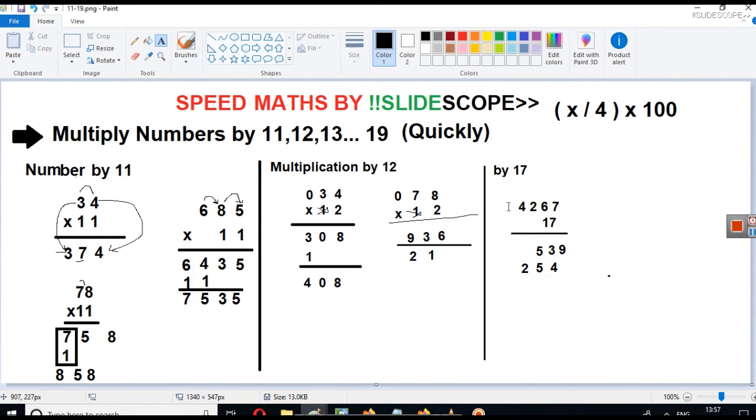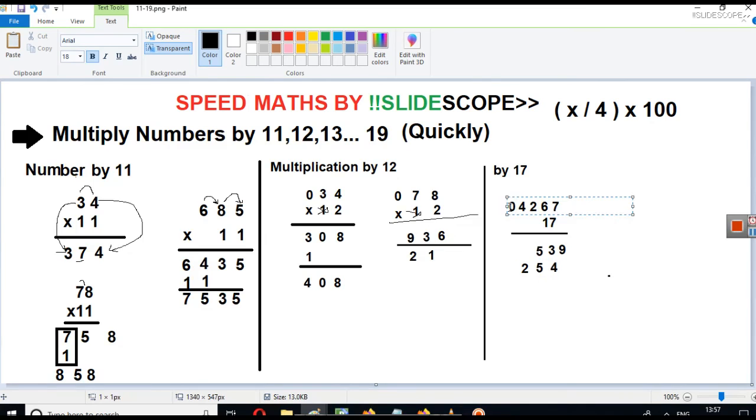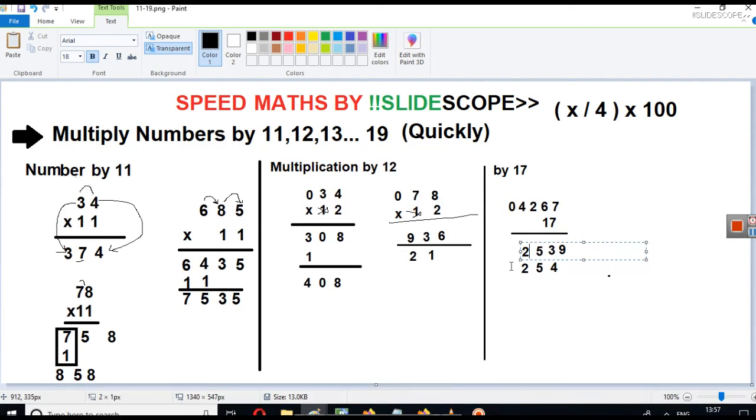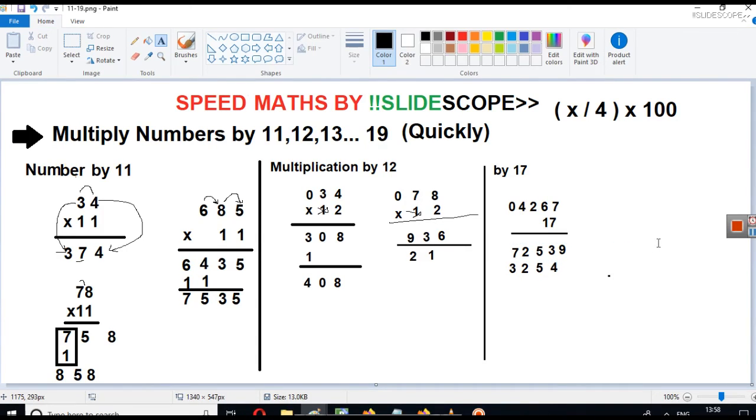We have to add one 0 here also. 7 into 4 is 28. 28 plus 2 is 30. 30 plus 2 is 32. 3 will be carried. So now 3 is carried here. 7 into 0 is 0. 0 plus 4 is 4. And 4 plus 3 is 7. So 72539.